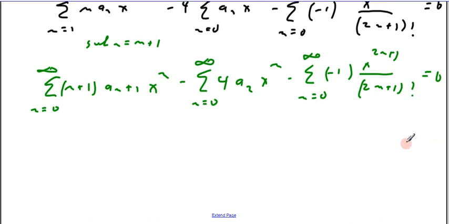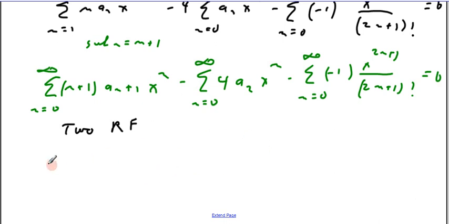Okay, so this is where we look at this and say, well, what I need is two recurring formulas. I need a recurring formula when n is even, and I need a recurring formula when n is odd.